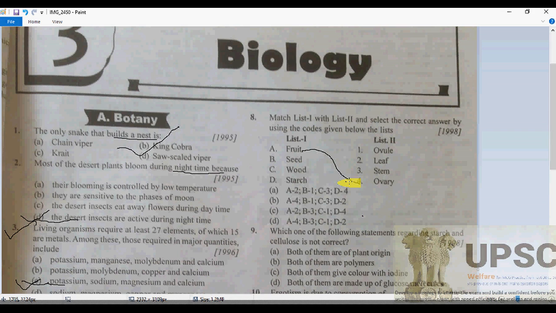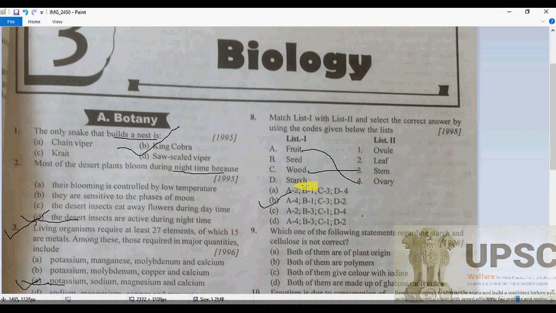So ovary to a fruit, and the stem of the tree develops to wood. So here A is going to be 4, and this one, of course, no need to doubt, will be correct.